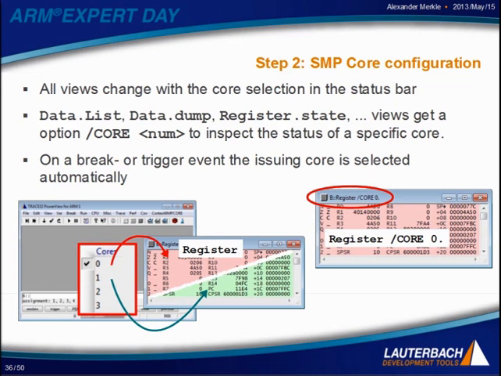You don't know whether your task will be started on the first core or the third one. So in case of a break event or a trigger event, we will automatically select down here the core which triggered the break event. So we will automatically switch the windows to the core of interest.